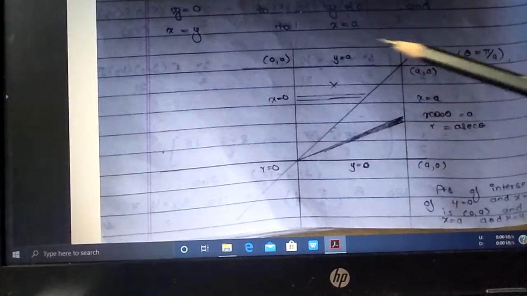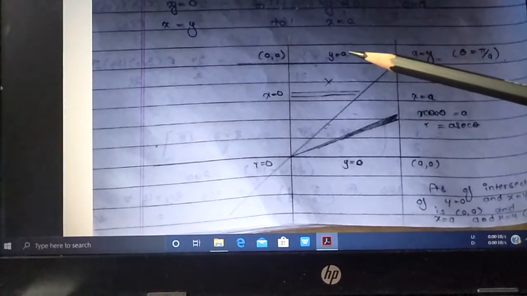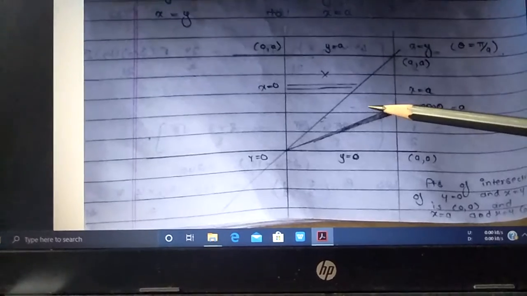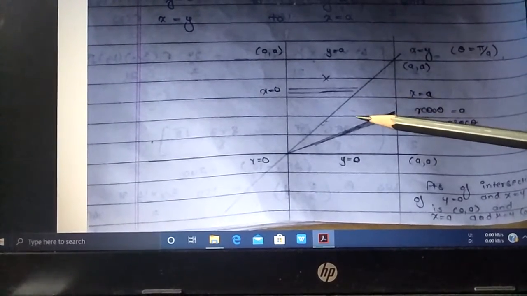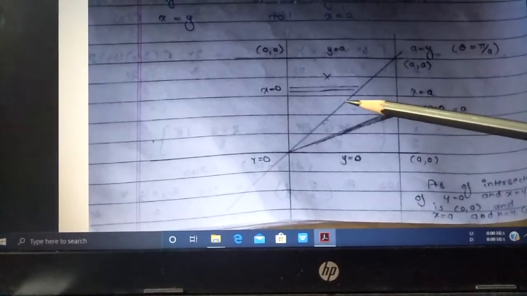Because of this line, we get this square type region, and because of the line y equal to x or x equal to y, it is divided into two parts.